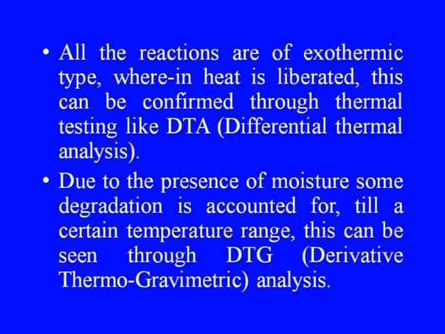All the reactions are of exothermic type, wherein heat is liberated. This can be confirmed through thermal testing like DTA or differential thermal analysis. Due to the presence of moisture, some degradation is accounted for till a certain temperature range.